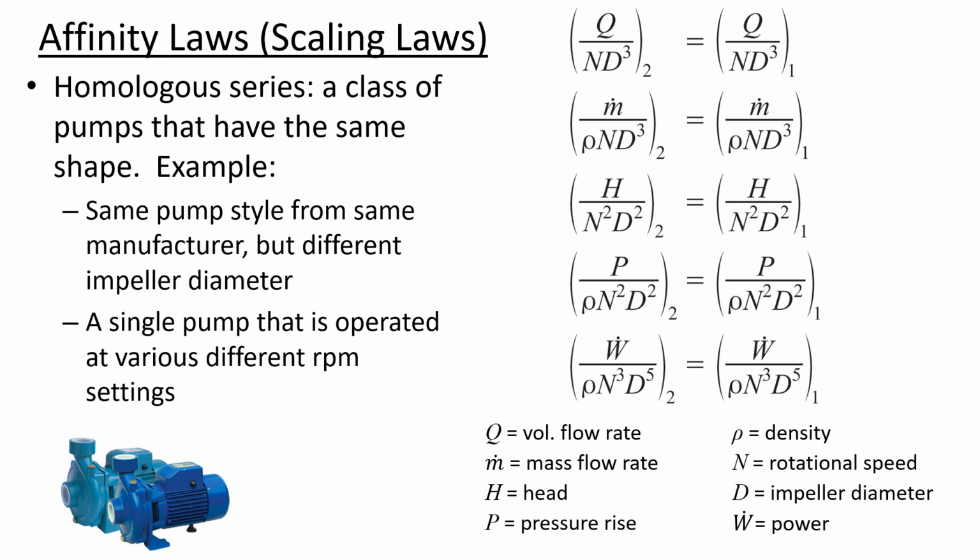Or you can express the amount of work that the pump is doing in terms of the pressure that's being added. So here capital P in this context means the pressure rise, or W dot means the power, if you were measuring the number of kilowatts of power that's being added by the pump to the system. So the top two equations have to do with the rate of movement of water. The bottom three equations are all about the amount of energy that the pump is adding.